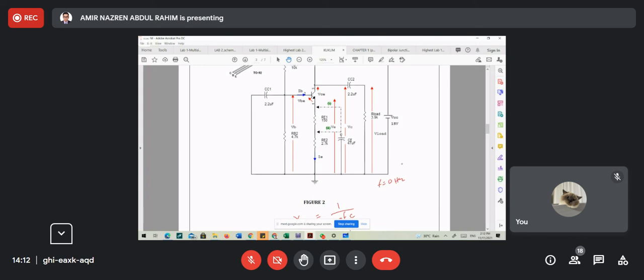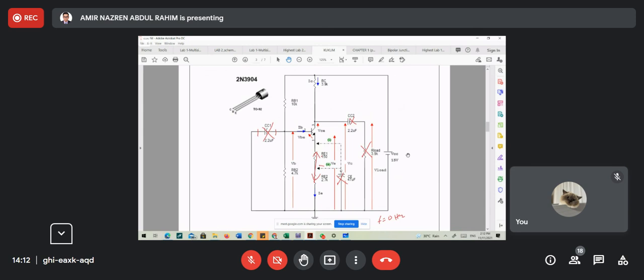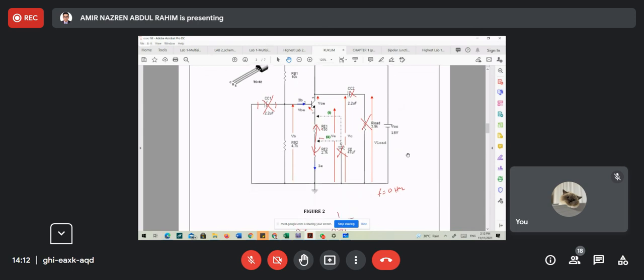So here it will be open, and we will remove the node. There is no shortcut over here, which means we have a series of resistance. If we reconfigure by removing the capacitor, we can make the computation simple and easy.